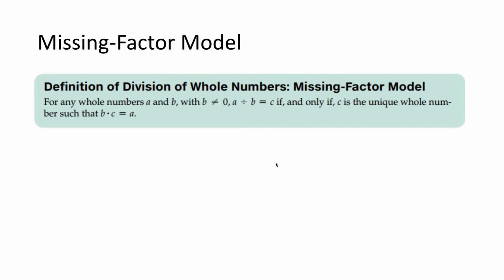And we also talked about fact families, right? So for example, if you are doing 2 plus 3 equals 5, with those three numbers 2, 3, 5, we can change that to 3 plus 2 equals 5, and 5 minus 2 is equal to 3, or 5 minus 3 equals 2.